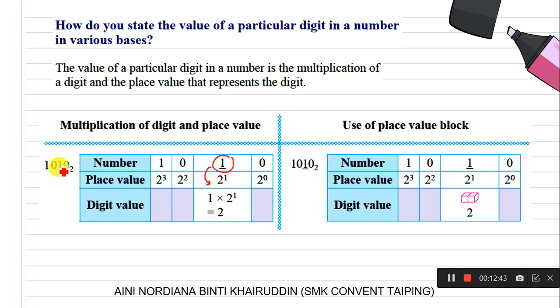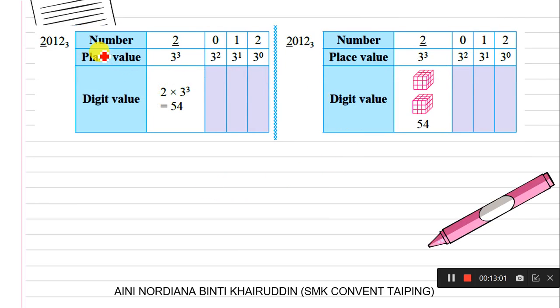So, let's say I want to calculate the digit value for the underlined digit here. I just multiply this digit with the place value. So this number 2 times the place value of this digit. Okay, so the place value is 3 cubed. So 2 times 3 cubed is 54.